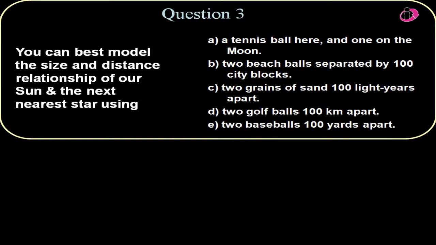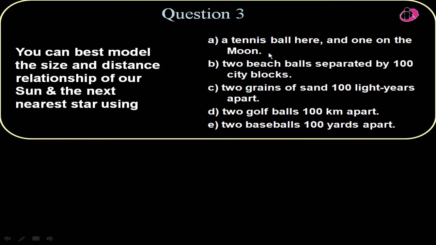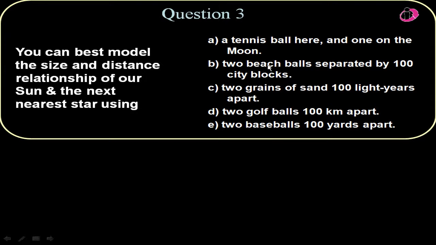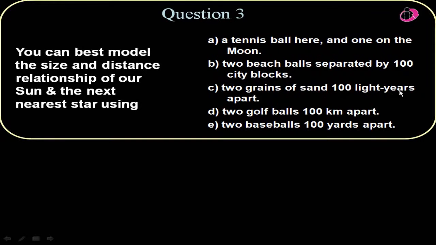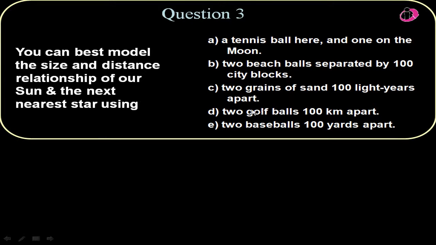What can we do to be similar to that? A tennis ball and one on the Moon. No, that's too far away. 2 beach balls separated by 100 city blocks. That's too close. 2 grains of sand 100 light years apart. Way too far away. 2 golf balls 100 kilometers apart. That's about right.